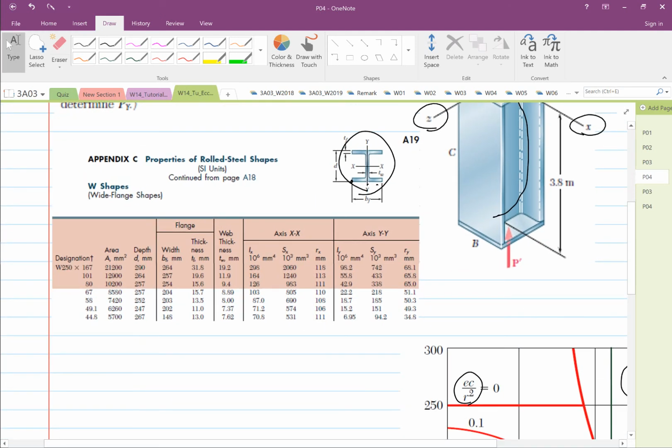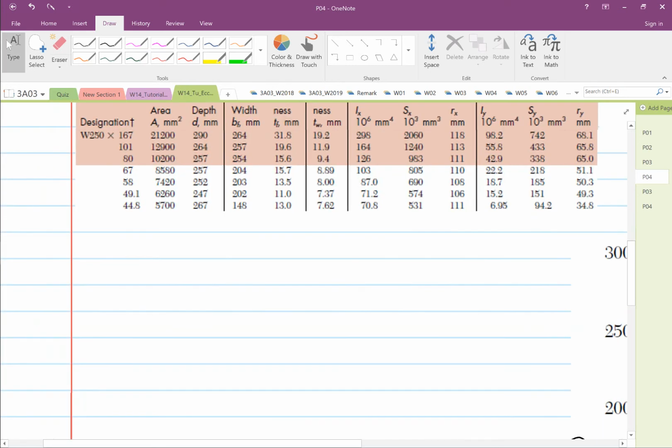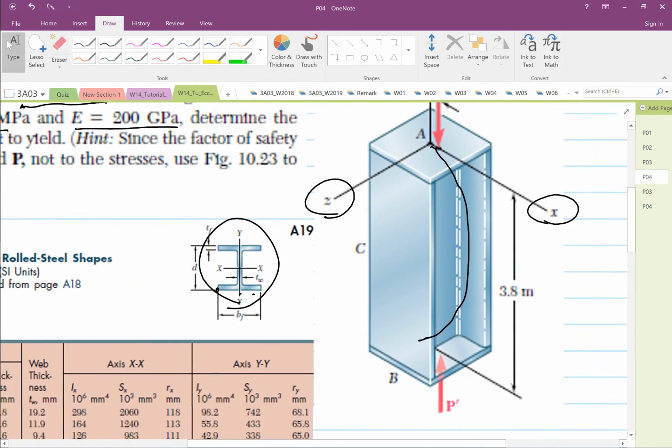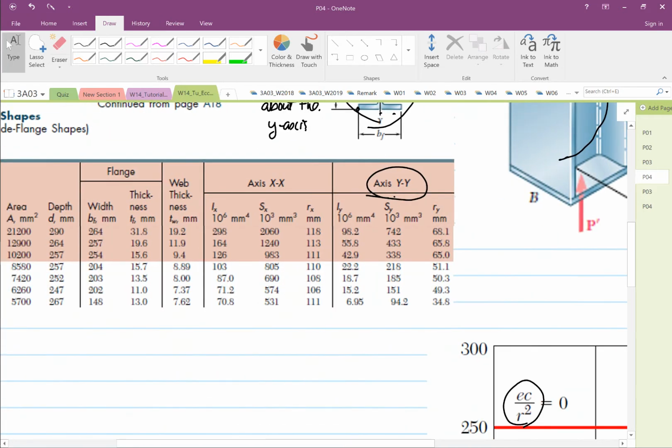So from here we know that buckling will occur about the y-axis. When that's the case, you have to use this set of values over here.